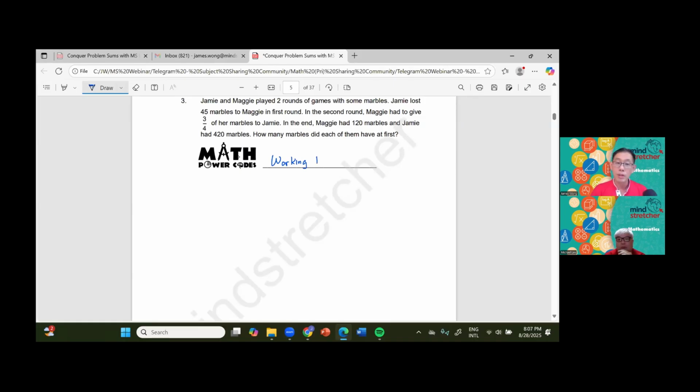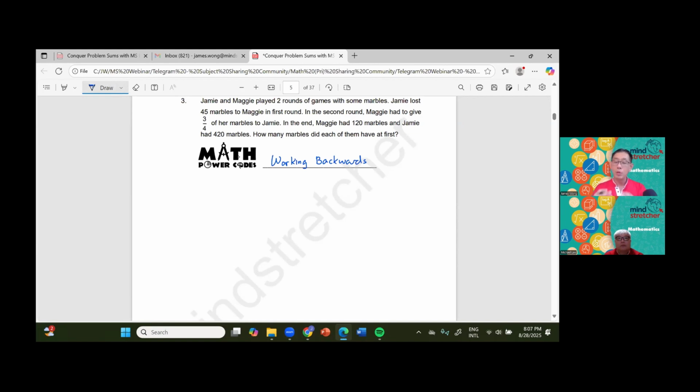In Mind Structure, we call this power code working backwards. So let's have a look at how we should apply this technique to this question. You can see that this question has a sequence of activity happening, and then in the end you have an end result.